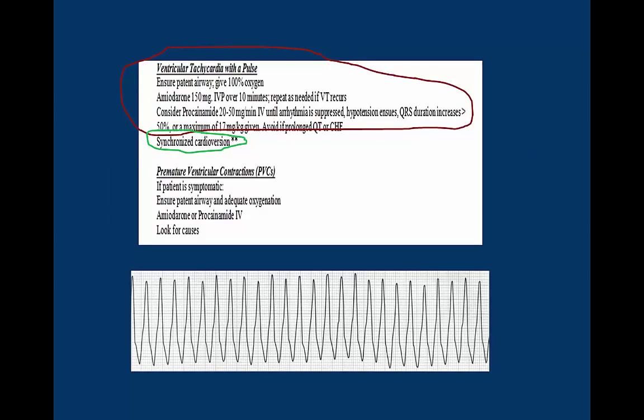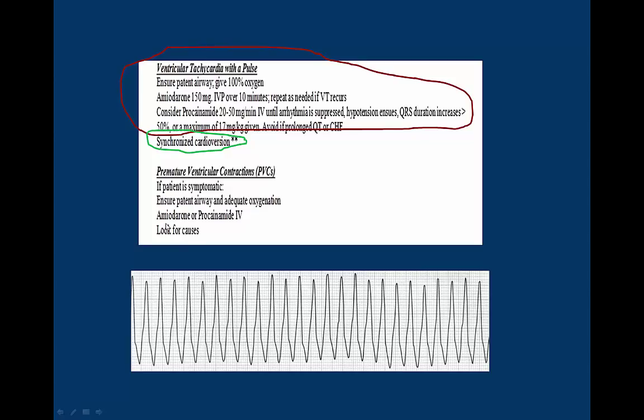Now we move on to another rhythm, and that is ventricular tachycardia. Notice from here to here how wide this rhythm is. This is ventricular tachycardia. But I always say that ventricular tachycardia is kind of like a triple-faced person. There are different scenarios that can occur with ventricular tachycardia. The first one is the patient can have a pulse, and they can be very stable. So the treatment scenario for a patient with stable ventricular tachycardia that has a pulse is pretty much the same as if the patient had some random PVCs.